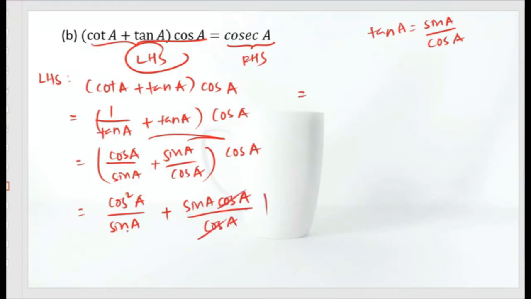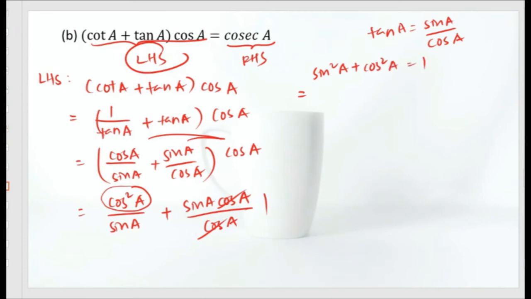Okay, so after this, this one is cos square A over sine A plus sine A. Cos square A, this one you need to use the identities again.